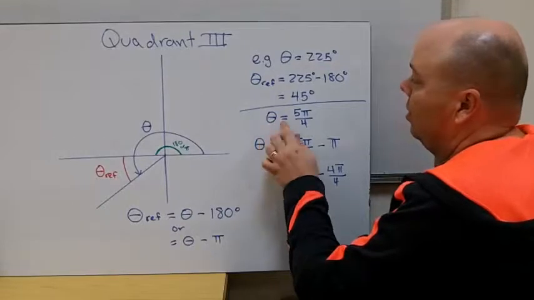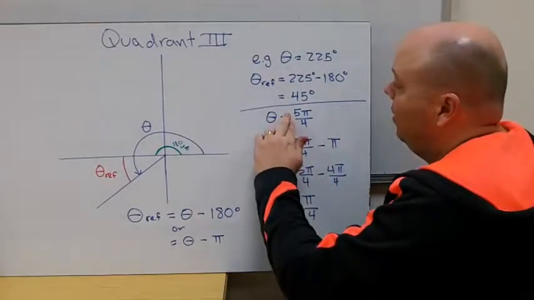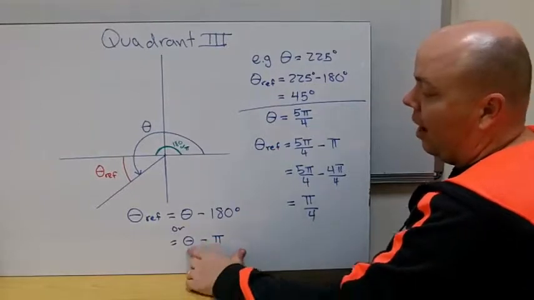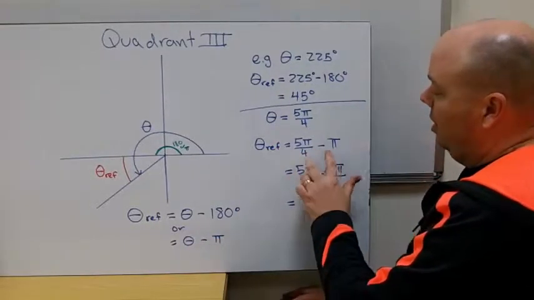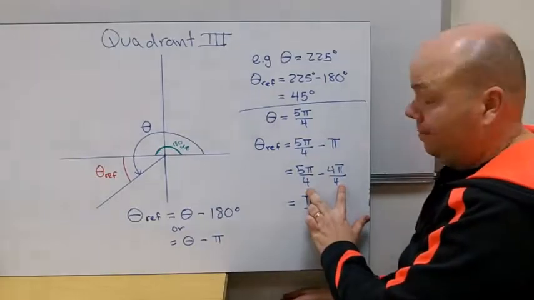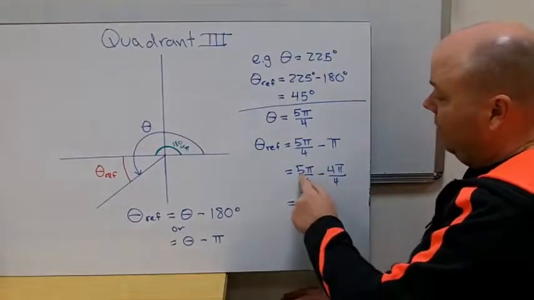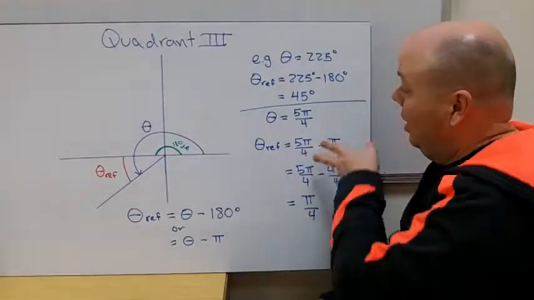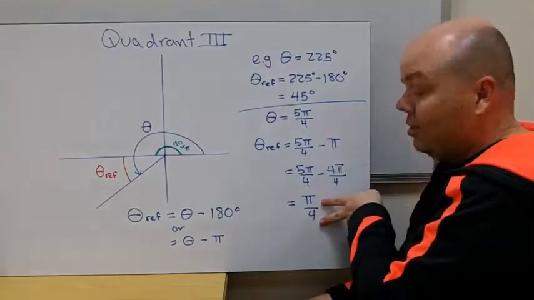If we're looking in radians, theta is equal to 5 pi over 4. So from here, I subtract pi from my theta, common denominator again, and 5 minus 4 is just pi over 4. You should recognize something getting from here to here.